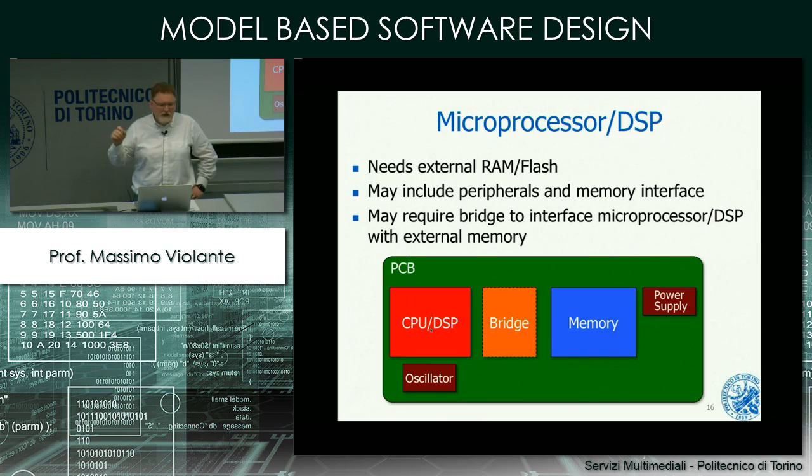The bill of materials is just the list of components that you have. When you build a system, you need to design a PCB. So more components means more layers inside your PCB. So it is an additional cost.